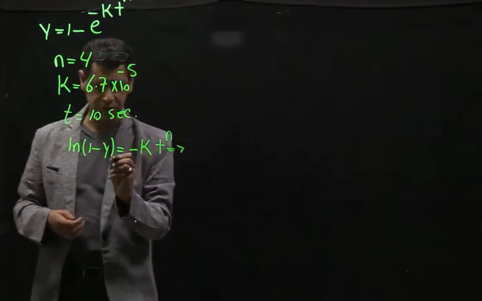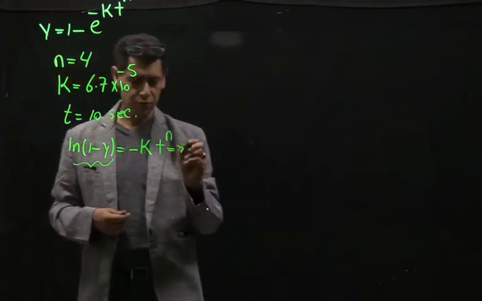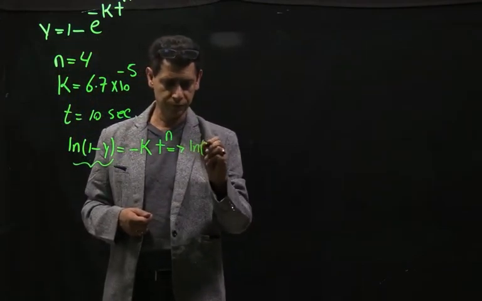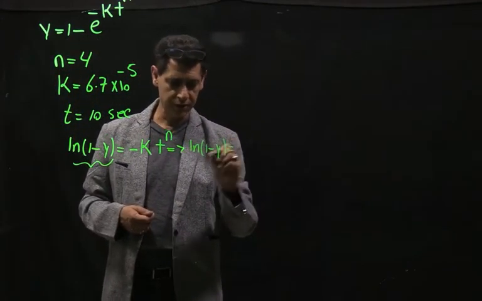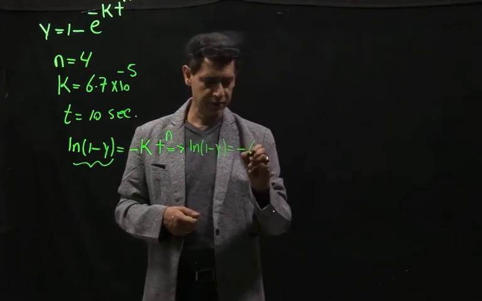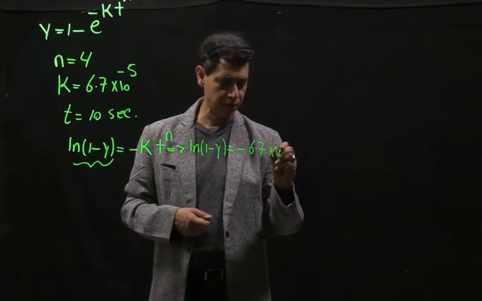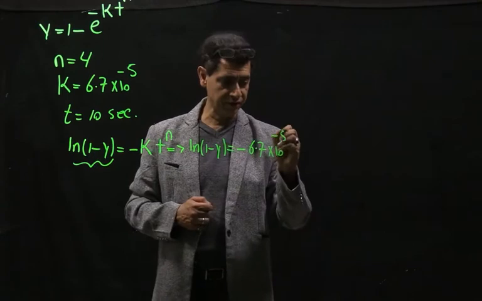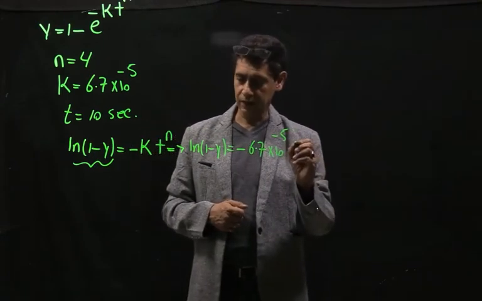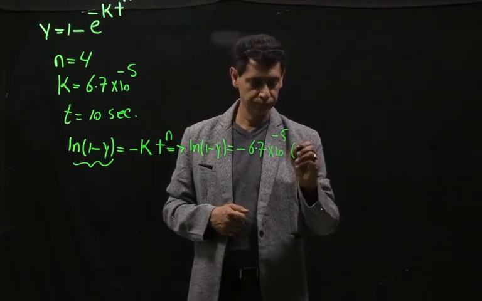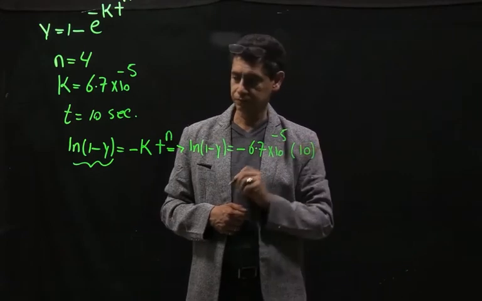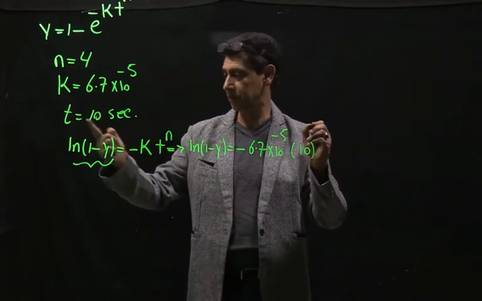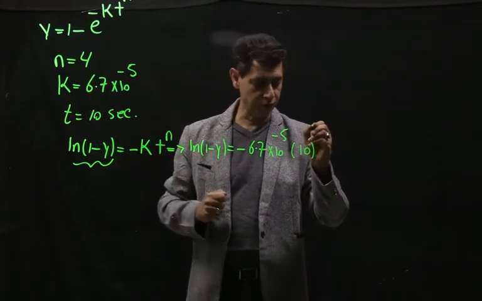So we want to calculate this value first: ln 1 minus y is equal to minus 6.7 10 to the minus 5 times 10 seconds to the power 4.